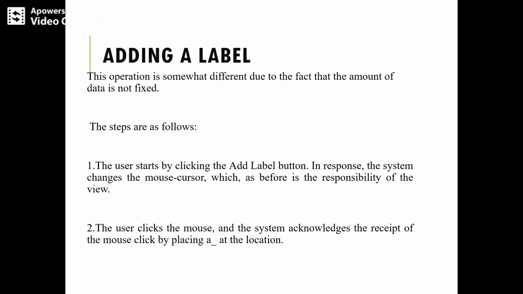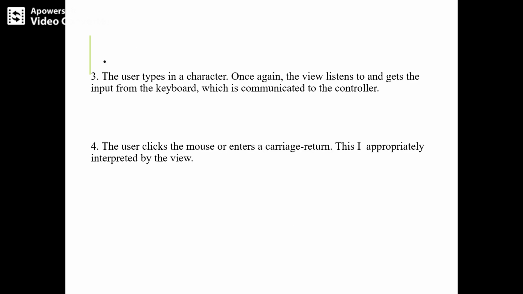Adding a label: if the user clicks the mouse, the view always acknowledges the receipt of the mouse click at a particular location. Now the third point is the user types in a character. Once again the view listens to and gets the input from the keyboard, which is communicated to the controller.